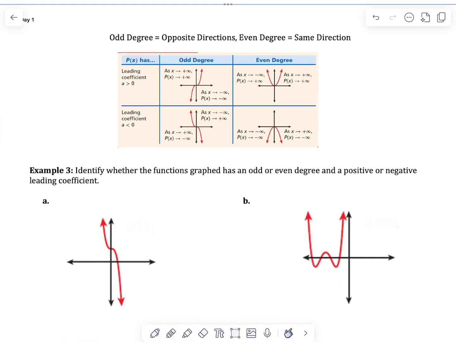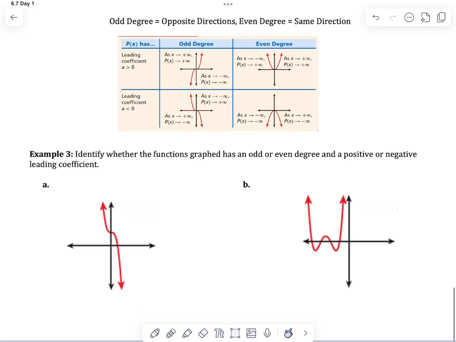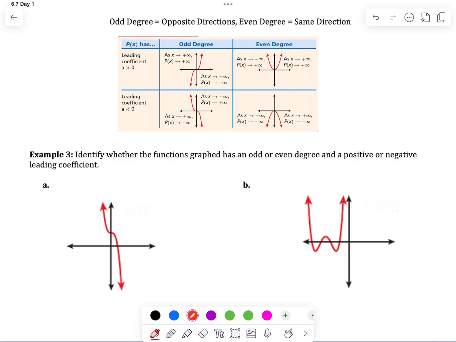Here's that table again. Example 3 now says, identify whether the function is odd or even, and if it has positive or negative leading coefficient. So the first graph shows that it's rising on the left and it's falling on the right.